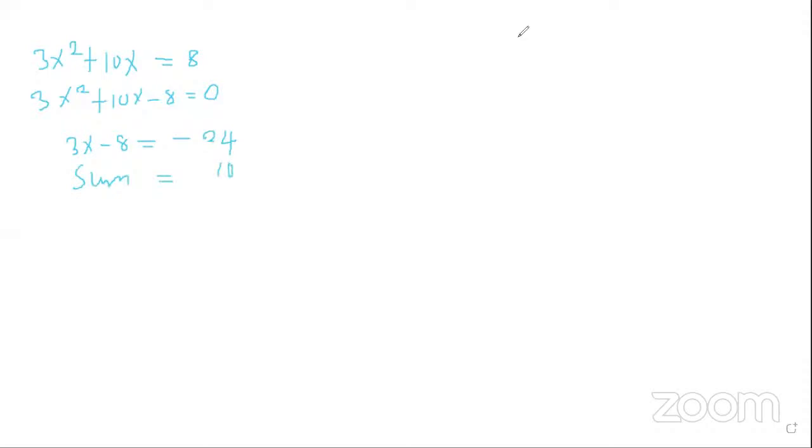Now I look out for values of which I multiply, and when I multiply them, they are equal to negative 24. When I add them, they equal to 10. That's probably 12 times negative 2.